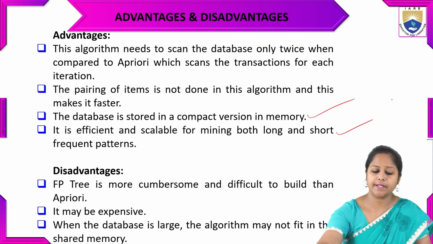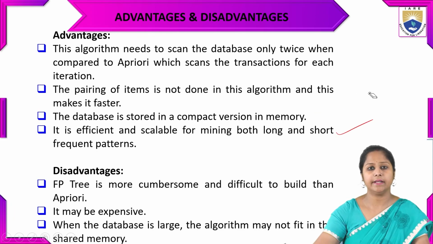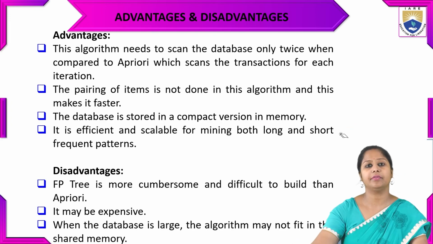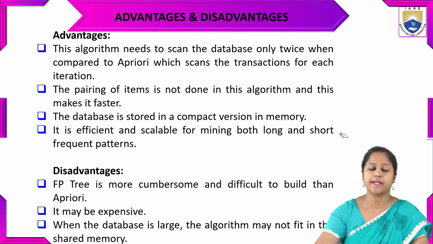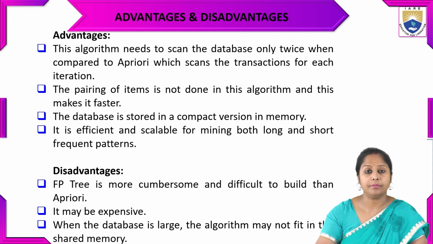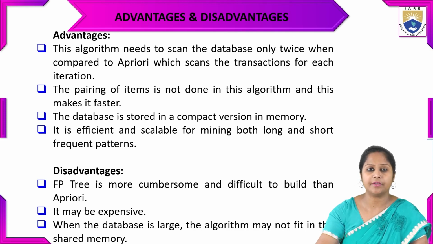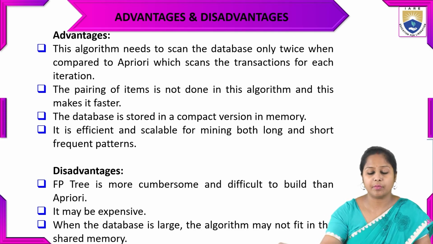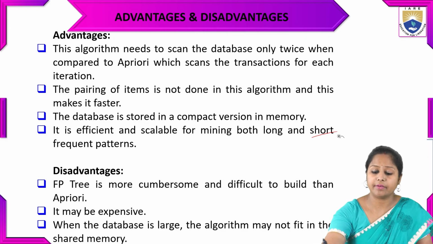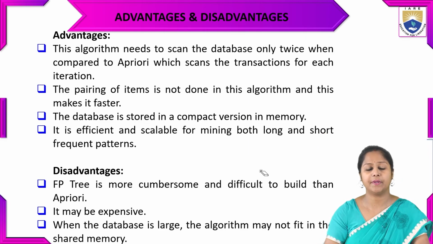It is efficient and scalable for mining both long and short frequent items. If long patterns are there, this FP growth algorithm can search for those frequent items, and shorter frequent items can also be found with this algorithm. What are the disadvantages of the FP growth algorithm?